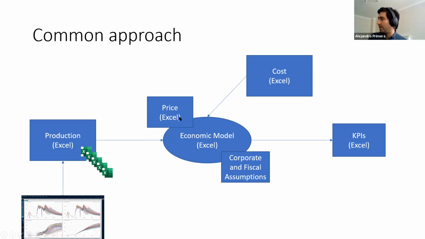Usually the price is embedded into the economic model, and some corporate and fiscal assumptions are also incorporated into the economic model. Costs and production are brought into that Excel, and then you have some KPIs that can be visualized and analyzed, as Esther mentioned.